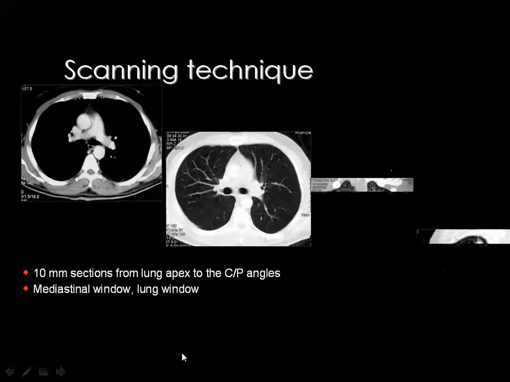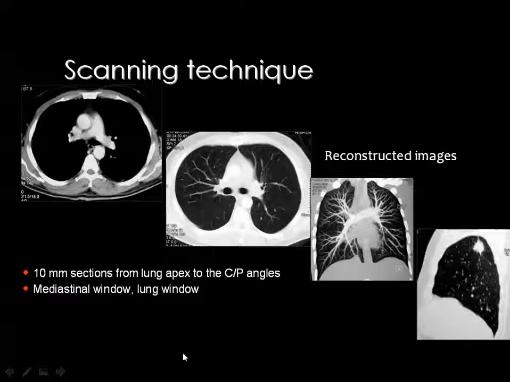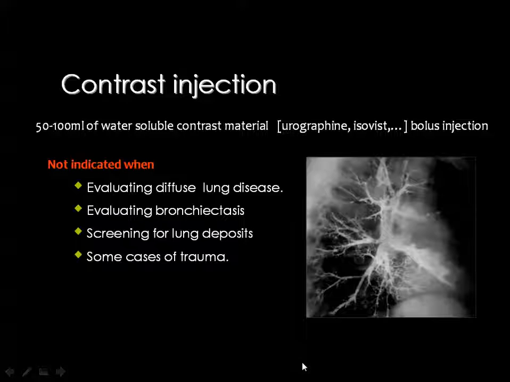Then if you have one of the recent machines, like the multi-detector machine, for example, you can order the machine to reformat or reconstruct the images into the coronal plane like this, or into the sagittal plane like this, or into the 3D fashion.